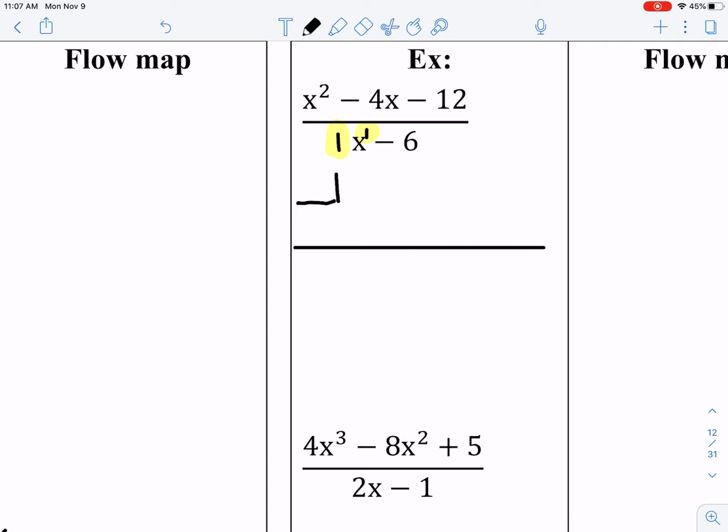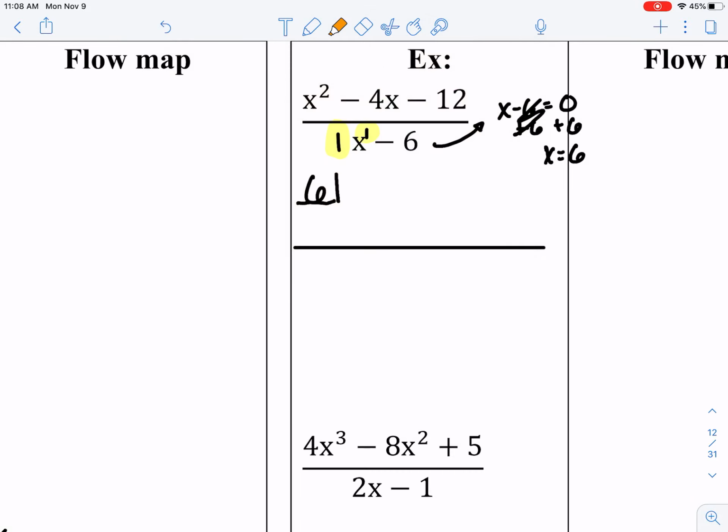What you do is figure out what makes your bottom equal 0. So x minus 6 equals 0. So you're going to set your bottom equal to 0 and solve. What that is goes up into this box up here in the top left that you make.